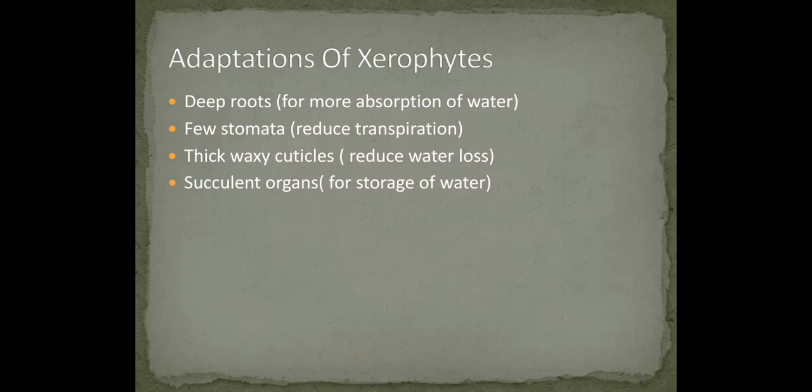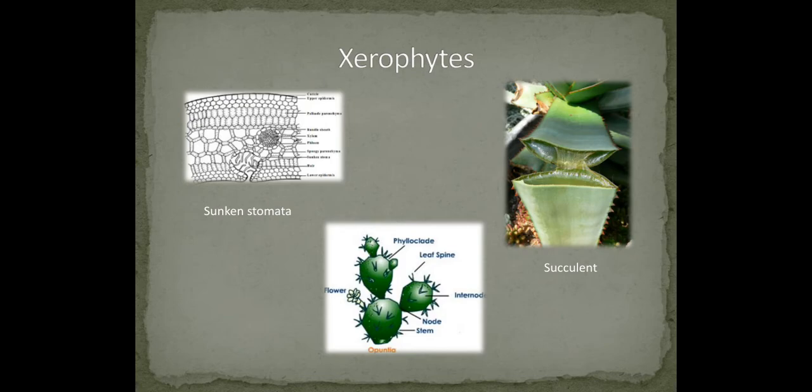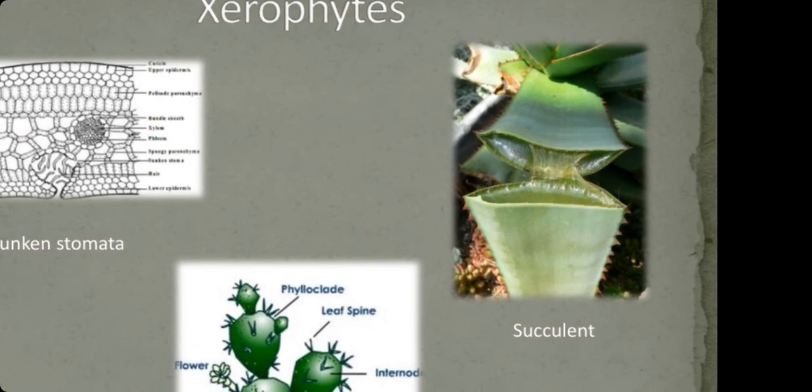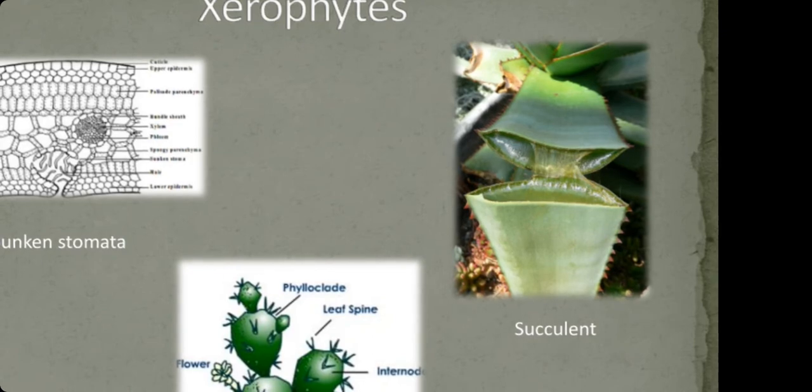And most of the xerophytes, not all the xerophytes, but many xerophytes have succulent organs. Succulent organs means such types of organs in which they can store the water for future use. Let me show it over here. Okay, so this is the aloe vera, and I think you all are familiar with aloe vera. You know aloe gel. So that aloe gel is actually the stored water.